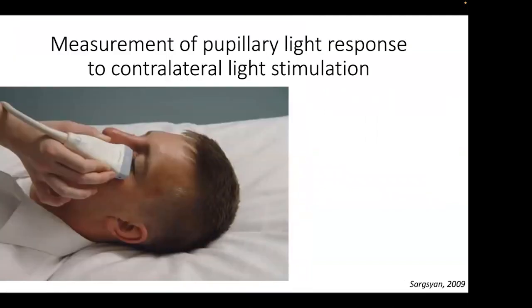Another way that we can use point of care ocular ultrasound in the intensive care unit is to measure the pupillary light response to contralateral light stimulation. This is probably most valuable in patients with unilateral eye edema who you're not able to open the eyelid for a particular reason, but are able to open or shine light in the other eye.